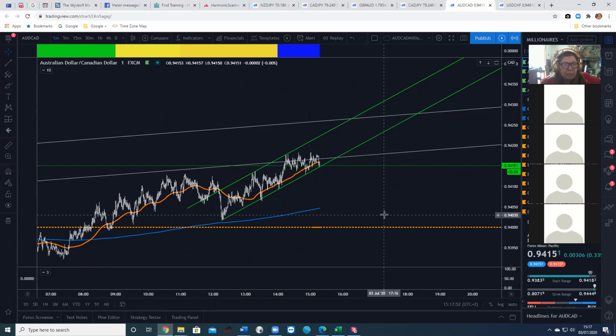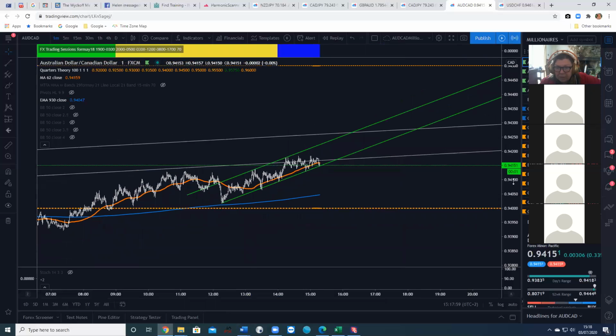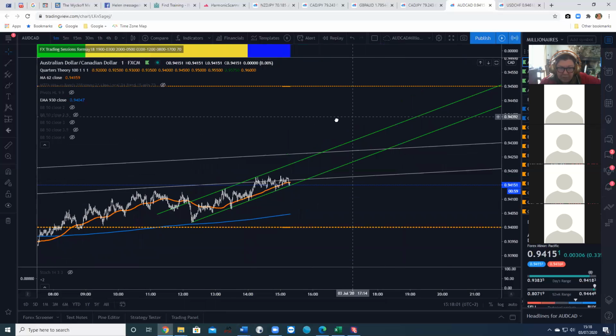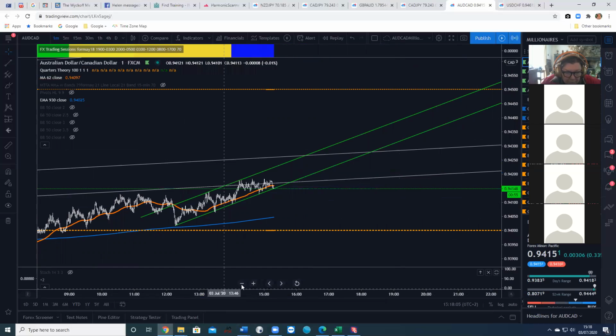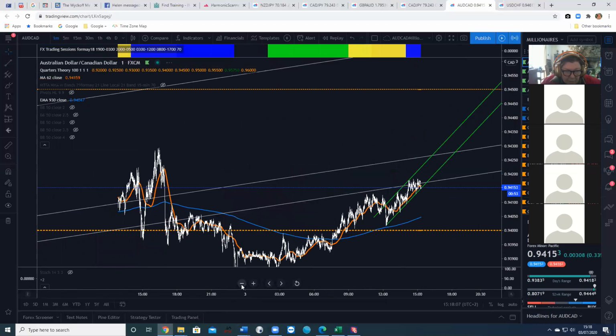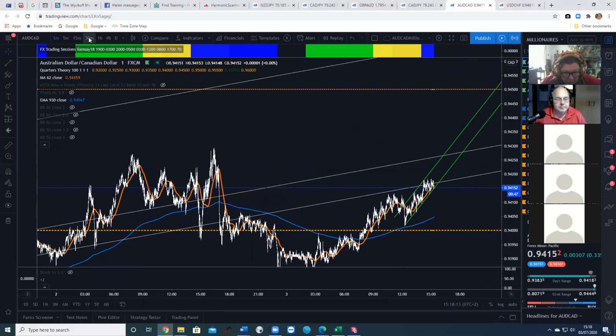Okay, so I switched off the quarters. Yeah, quarters there is not. Oh, there it is. And that's outer extensions, I think, here. Okay, so I'm going to call it a day now then. I'll just check the chat.